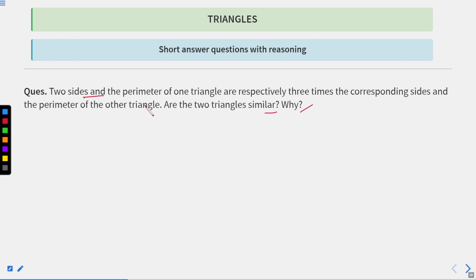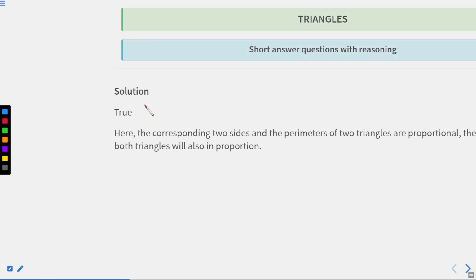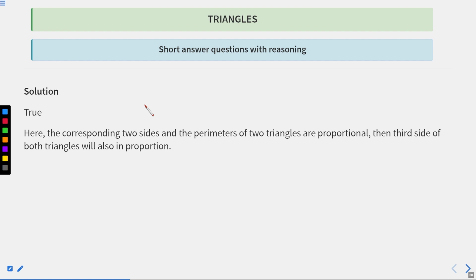So here in this question, it says two sides and the perimeter of one triangle are respectively 3 times the corresponding sides and the perimeter of the other triangle. Okay, so let us see. This statement is actually a true statement.